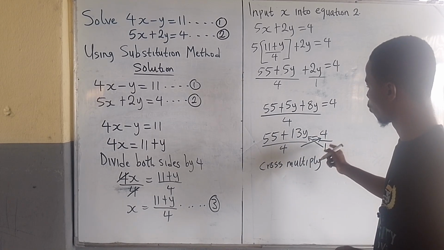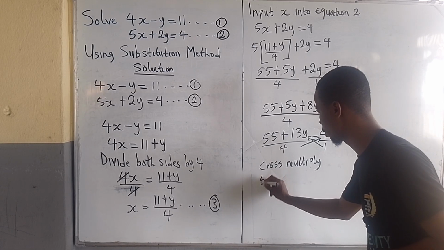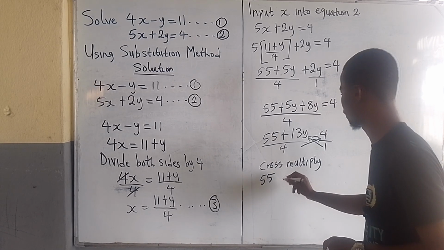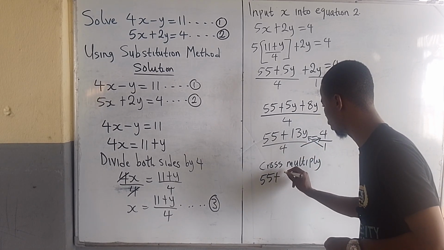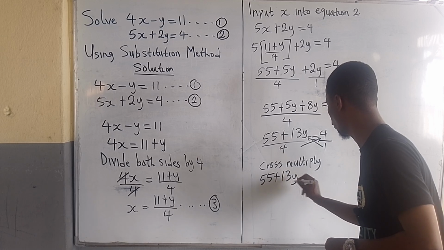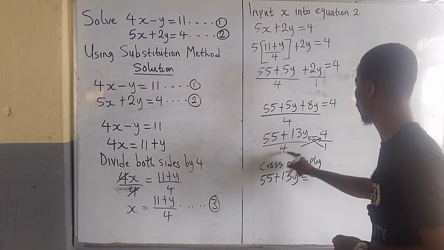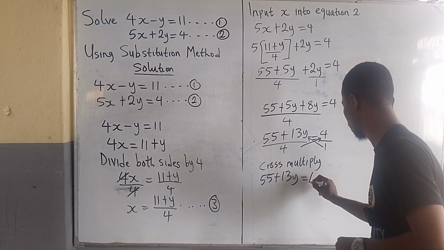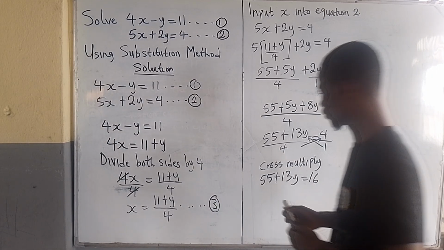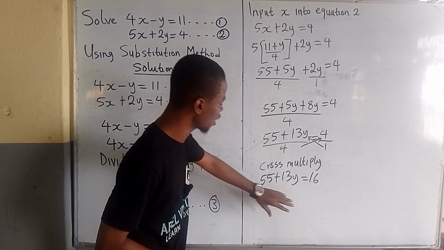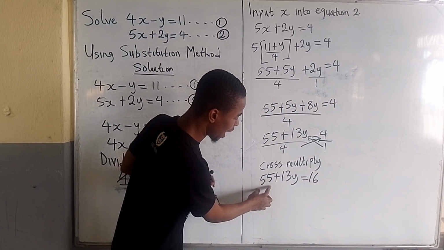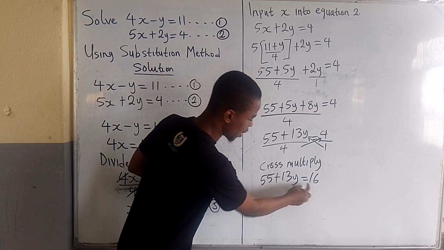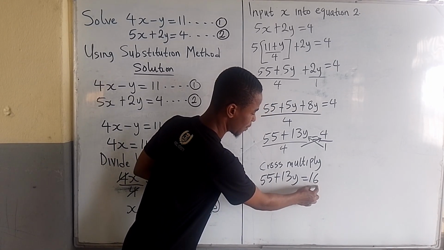So let's go. 1 multiplying 55 will still be 55. 1 multiplying 13 will still be 13y, equal to 4 times 4 will be what? 16. So at this point, here we have 55, here we have 13y, and here we have 16.